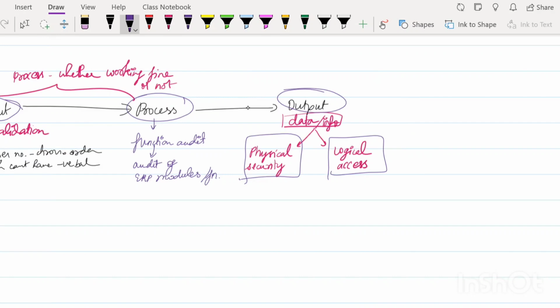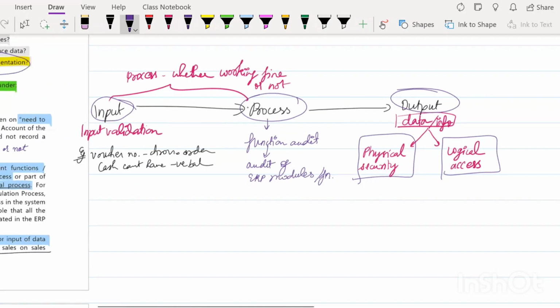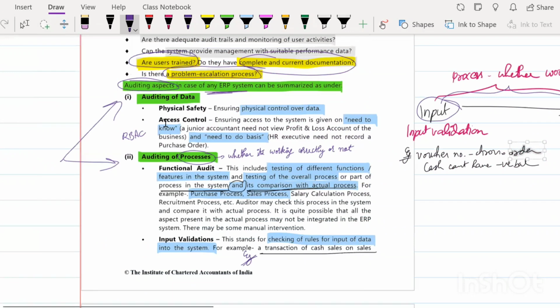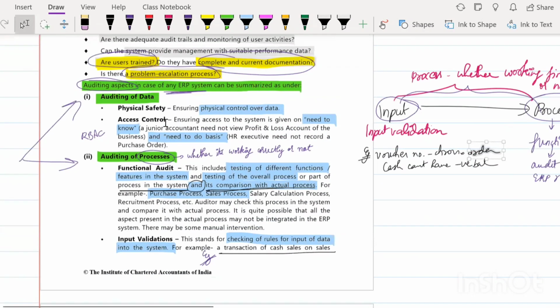Whether these two are working properly or not, you have to check. The same way, when you put an input, you have to validate whether whatever input you are giving is right or not. Then when this data is being processed, you have to check whether the processing of data is working properly or not.